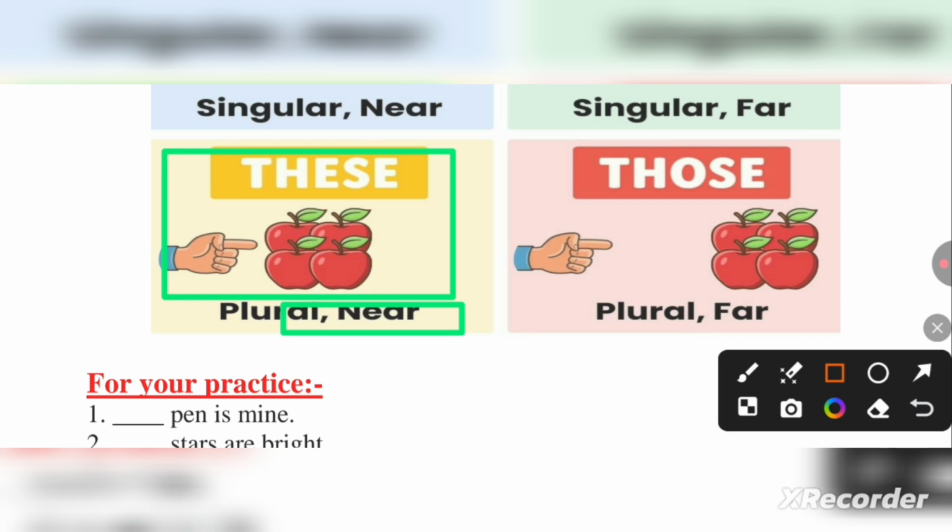Again, in those, demonstrative determiners have been used where the objects are more than one, and they have been used at some distance from the speaker, and it shows some sort of distance from the speaker.